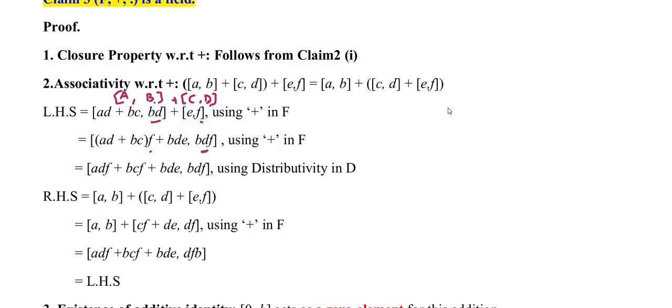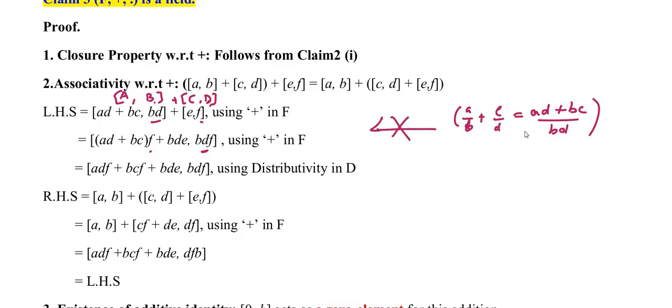Even otherwise, as I said earlier, if you are unable to remember, use this way: A by B plus C by D will be AD plus BC by BD. But this is the notation that we keep using, so you cannot bring this one inside. So that is wrong.